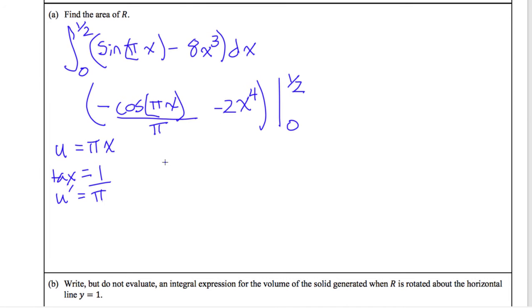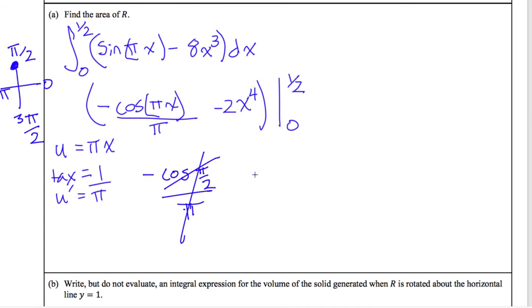So if I'm plugging in 1/2, I'm going to get negative cosine of pi over 2. So pi over 2, if I'm looking at my unit circle, I'll do a tiny little unit circle over here. 0, pi over 2, pi, 3 pi over 2. Cosine, is that the x or the y? It's the x. What's the x coordinate at pi over 2? 0. So this thing, you're gone. Over pi, you're gone.